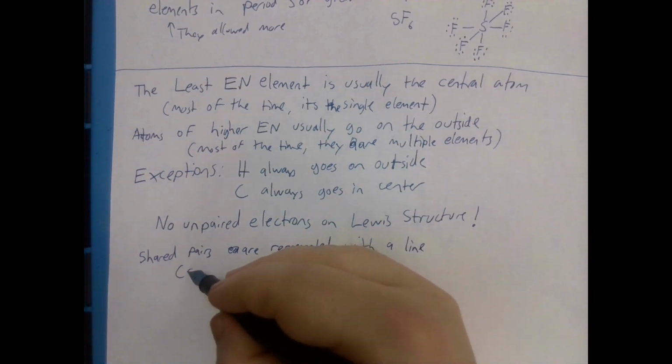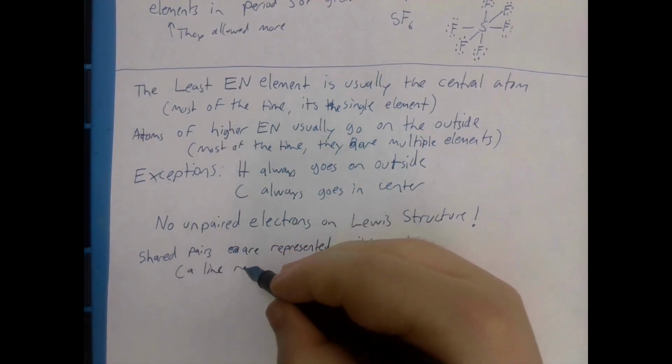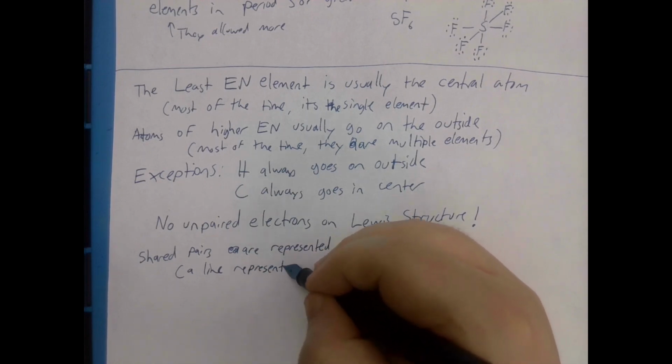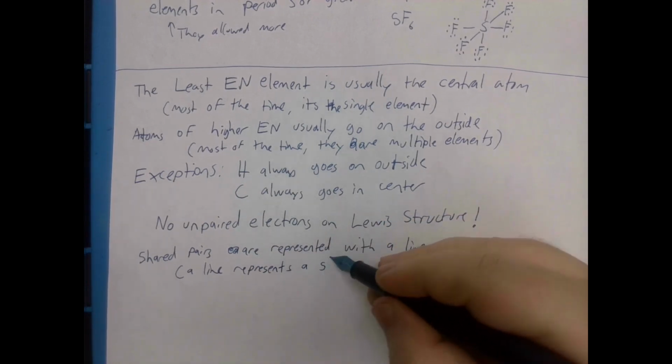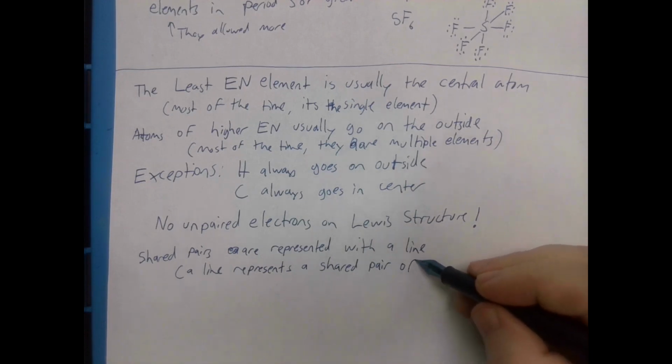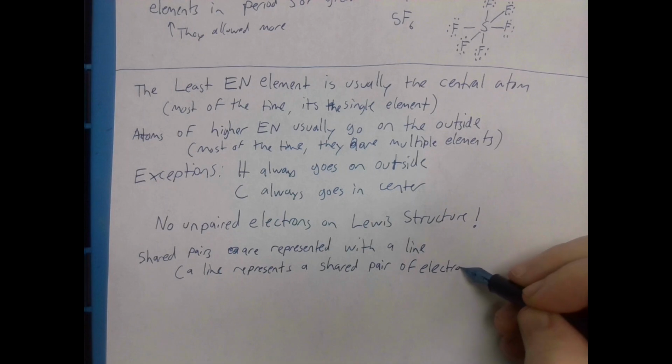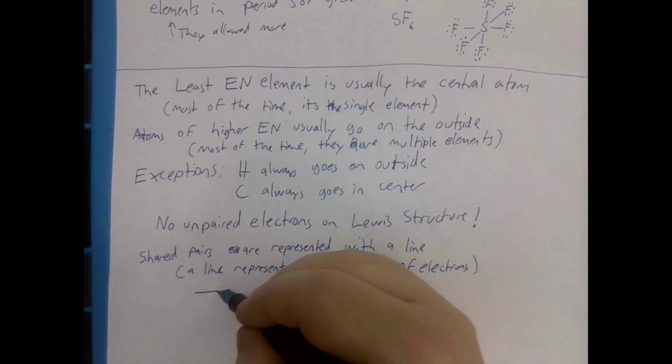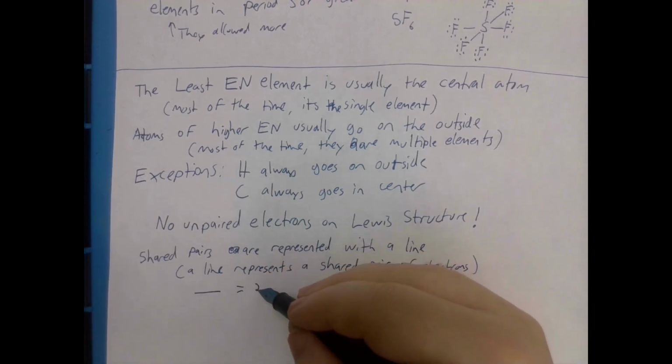So, in other words, a line represents a pair of electrons, a shared pair. So a line is equal to 2 electrons.